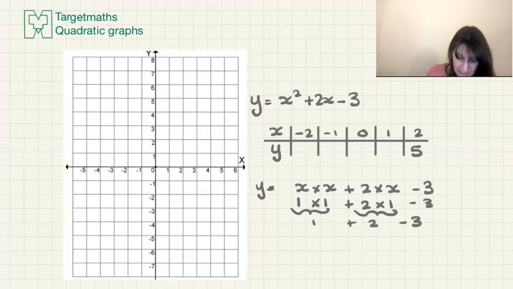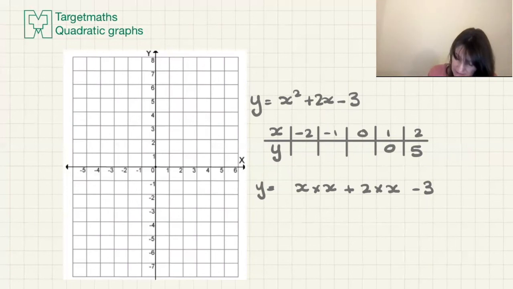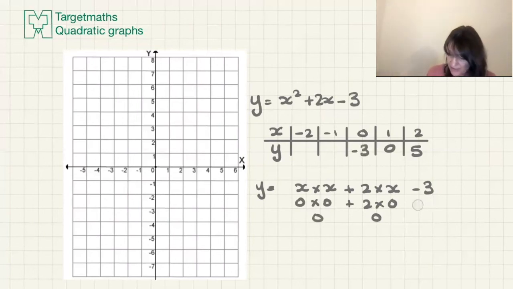Take off that 3, and I've now got 0. So hopefully you're looking at this going, yes, it's gone really well. Right, x is 0. Well, anything multiplied by 0 is 0. So if I take away 3, I'm at -3. So that one's not so tricky.